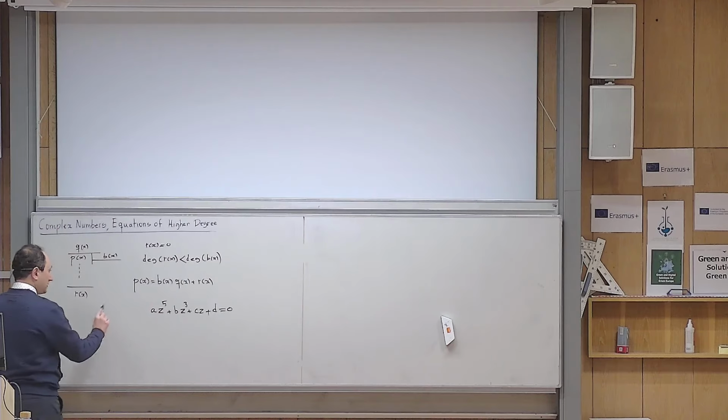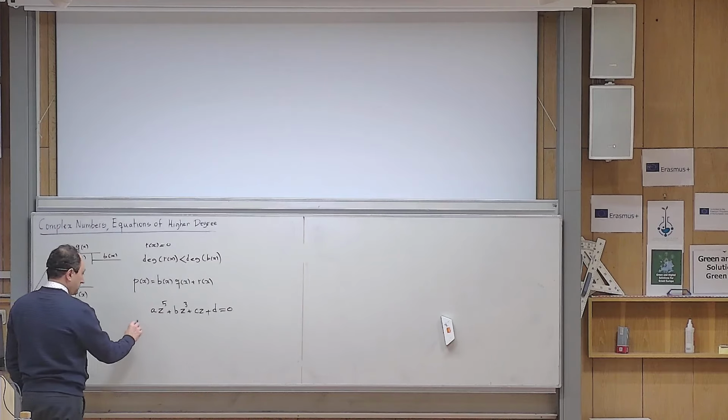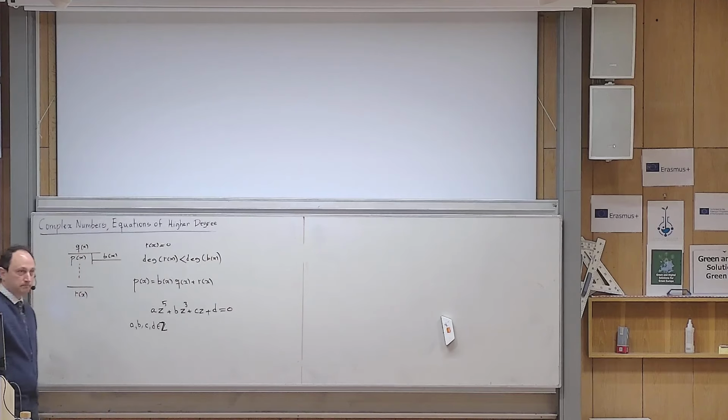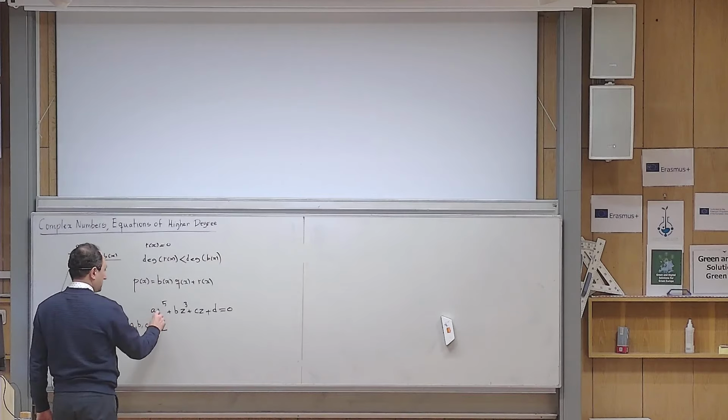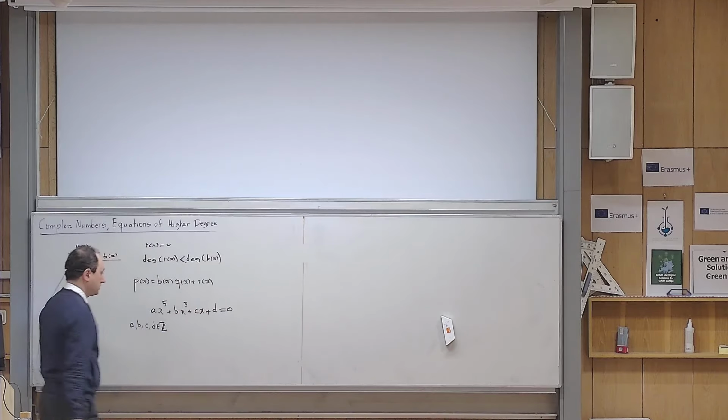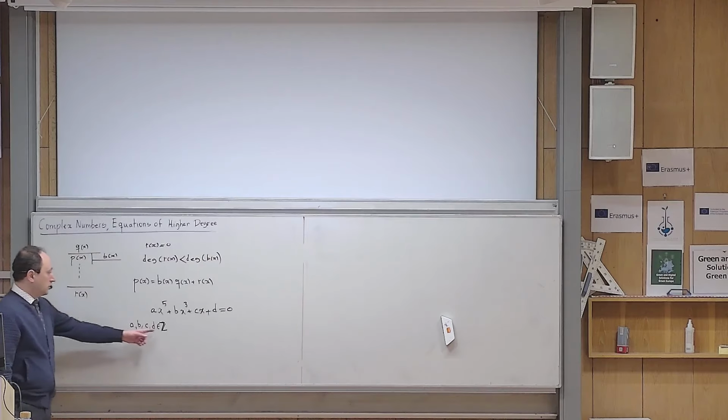And let us assume, this is extremely important, that a, b, c, and d are all integers. Okay, so all of them are integers.